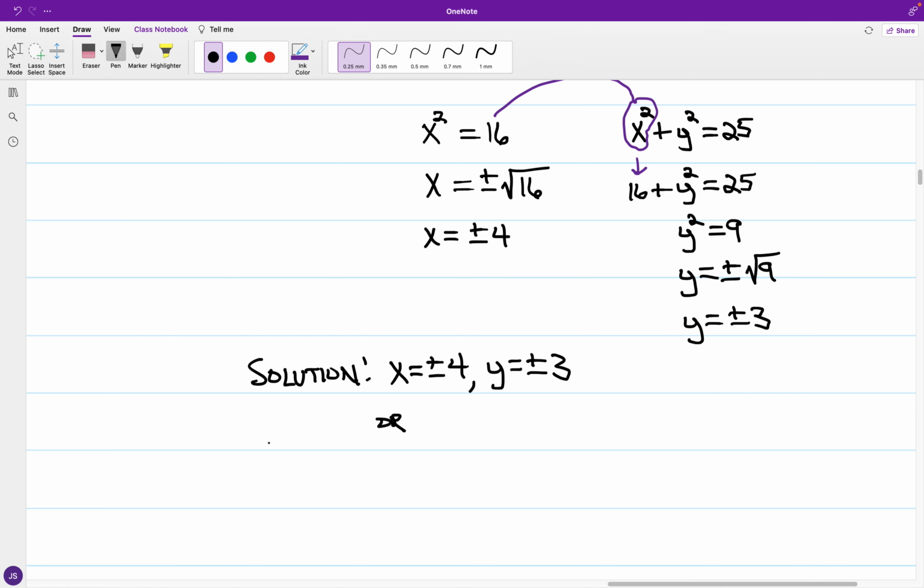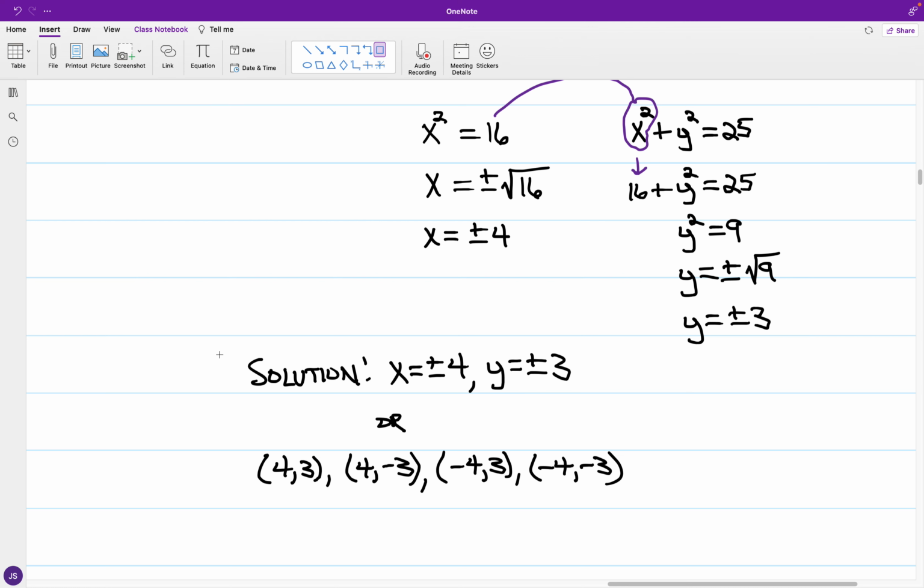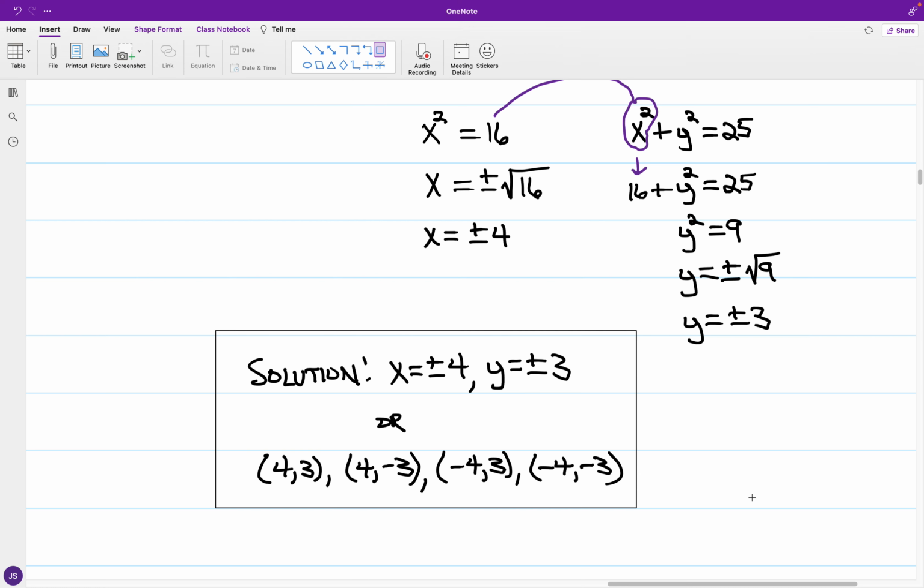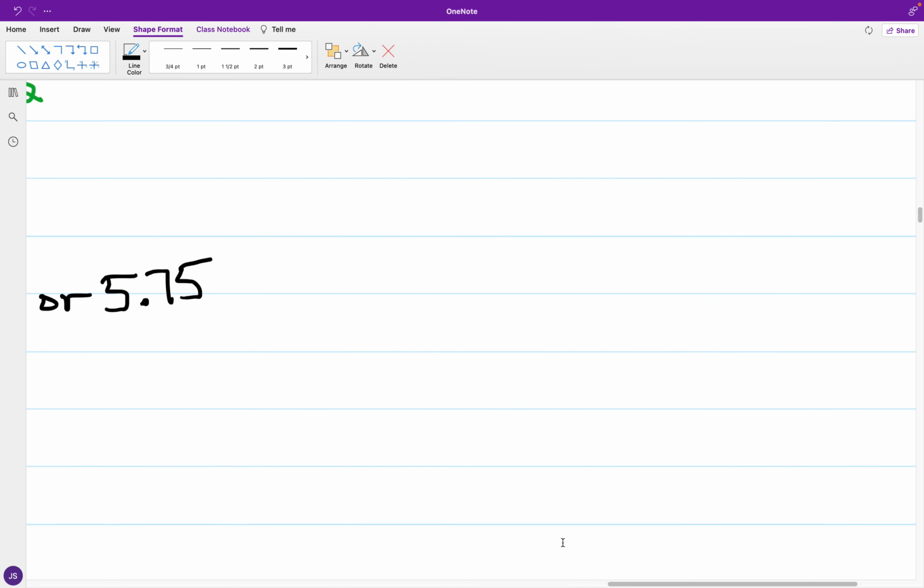And as ordered pairs, you have 4, 3; 4, negative 3; negative 4, 3; and also the last possible combination, negative 4 and negative 3.